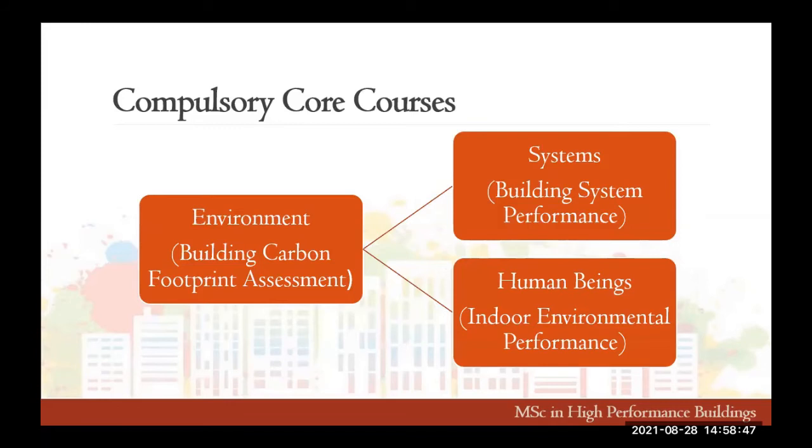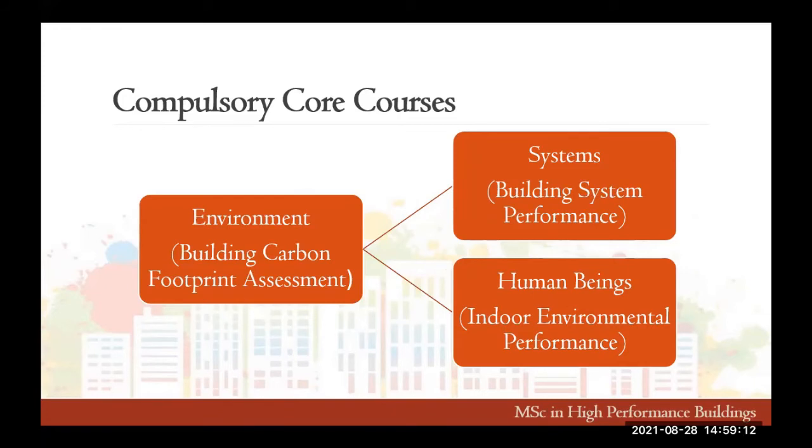For those 4 compulsory courses, 1 is concerned with the environment: building carbon footprint. As we said, carbon is one of the very important things. It causes global warming. Buildings produce a lot of carbon because we are using fossil fuel from the electricity plant.